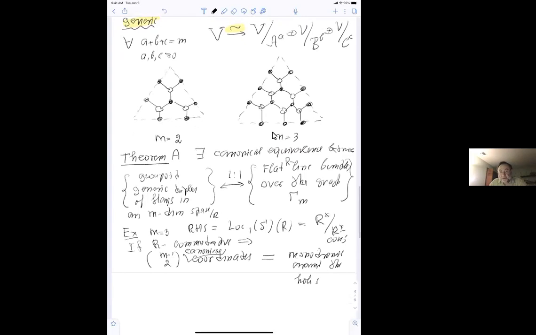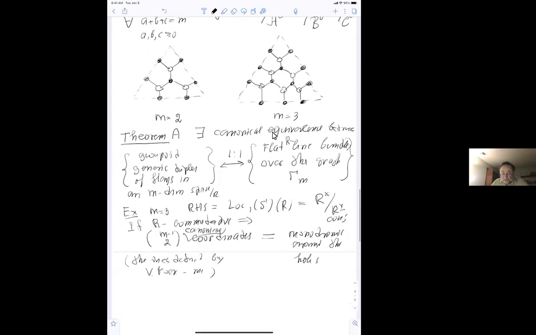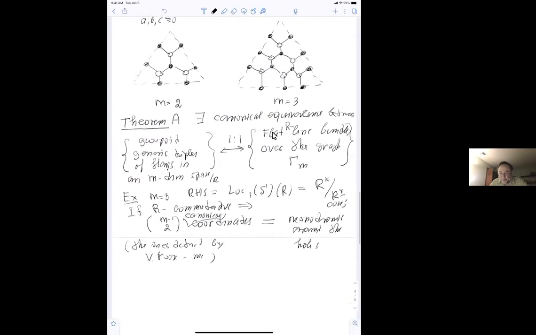These coordinates in this commutative case are the ones defined by Fock and myself long ago, and they're precisely these coordinates. But when R is non-commutative, there are no coordinates because you're talking only about numbers in R star modulo conjugation.